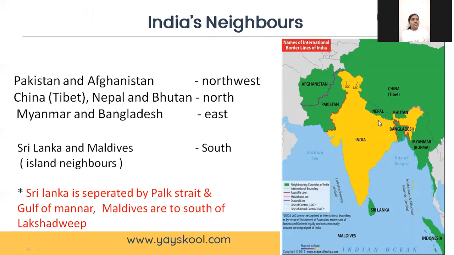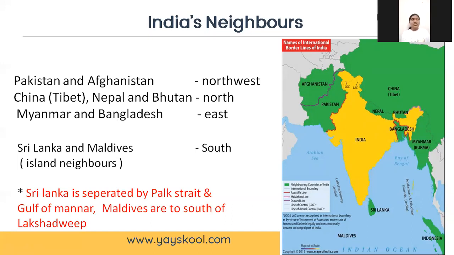In this map, you can see this is the western part of the country, that is northwest, and here we have the northern part, and then we have east, and towards south we have island countries. Towards the northwest we have two nations that are neighbors, that means we share our border with them.